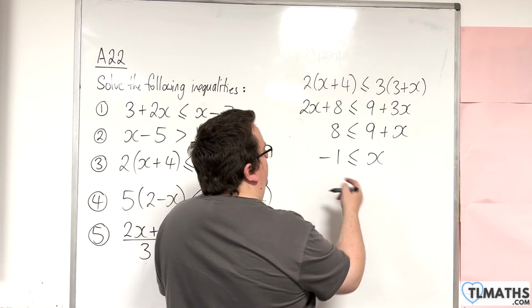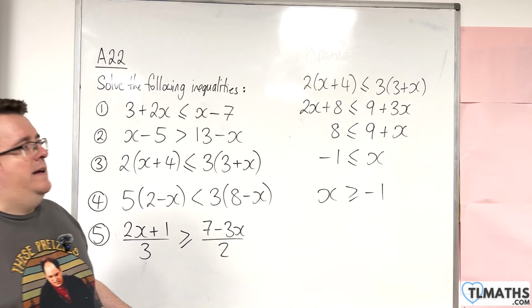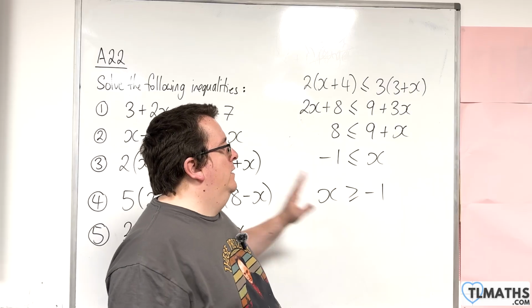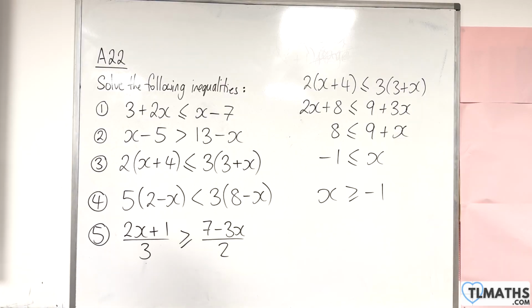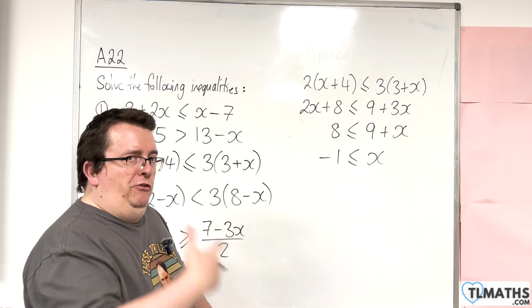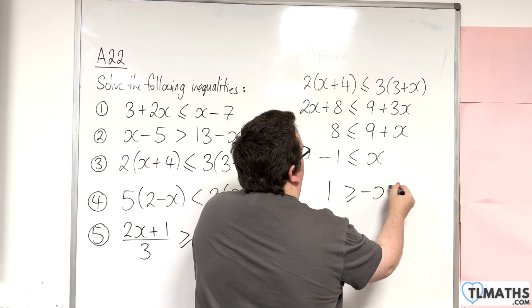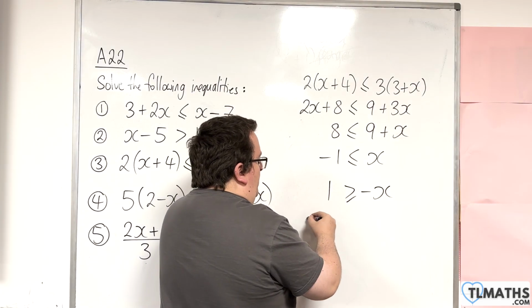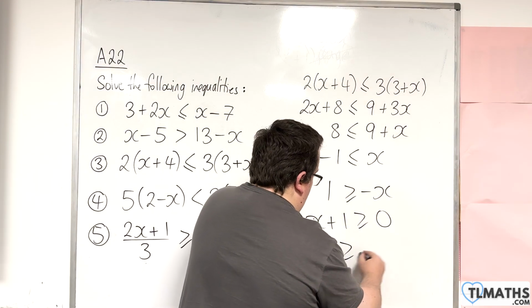Personally, I don't like leaving my answers written that way round, so I could write it that way round instead. All I'm doing there is just rewriting the inequality as I would read it, so from left to right, okay? That's all that I'm doing. I guess you could argue that in doing that, you could see it as multiplying through by minus 1, and that would change the direction of the inequality symbol, and then adding an x to both sides, and then subtracting 1 from both sides, right?